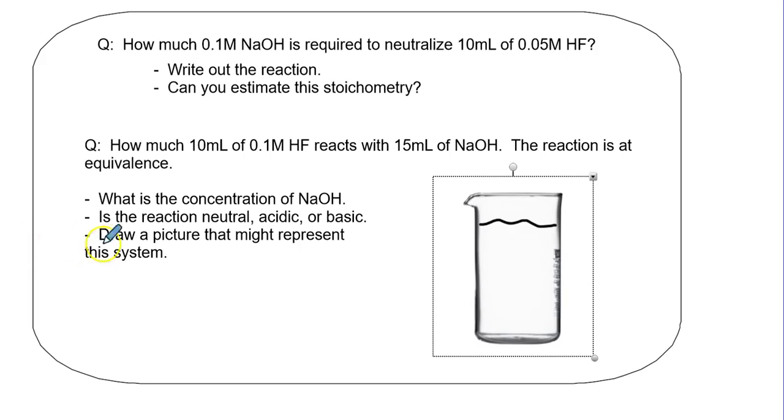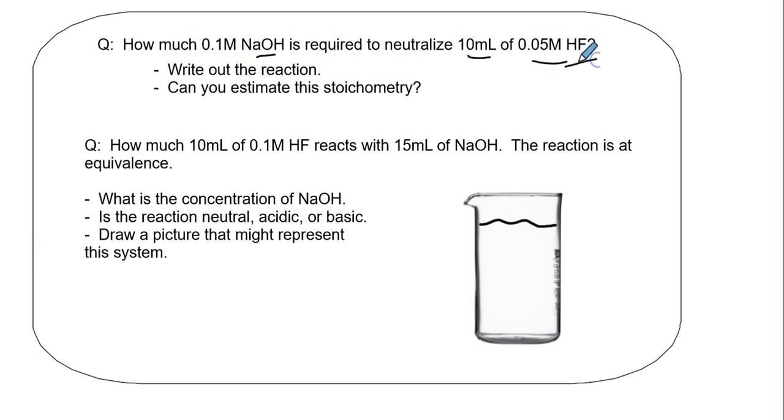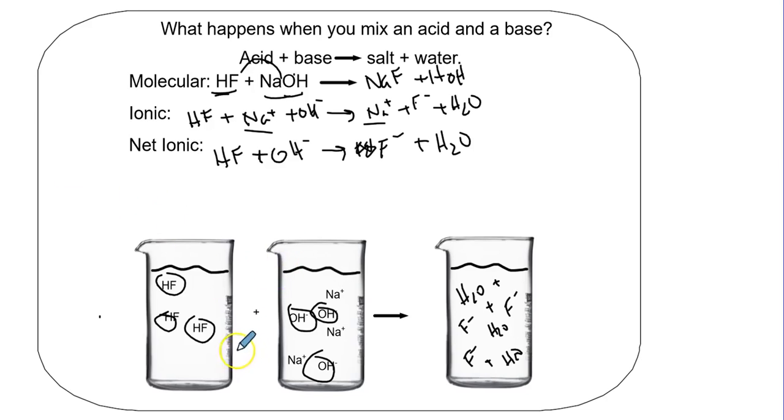Alright, so how much 0.1 molar NaOH is required to neutralize 10 milliliters of 0.05 molar HF? Now you'll notice on the previous one that regardless of whether they're strong or weak, one HF can still neutralize 1 OH. And this is really important.